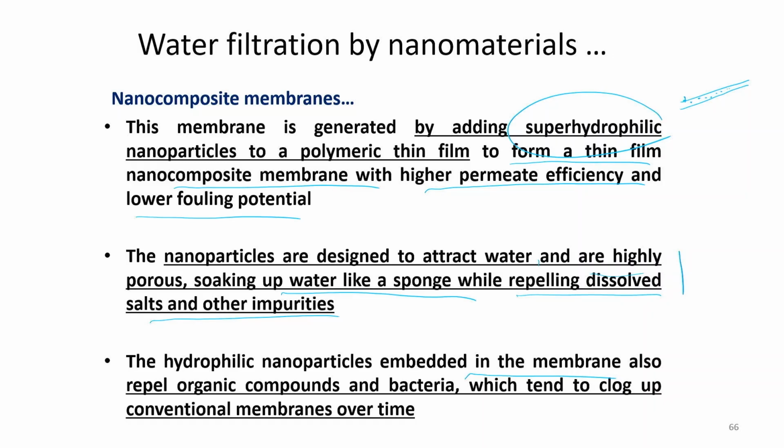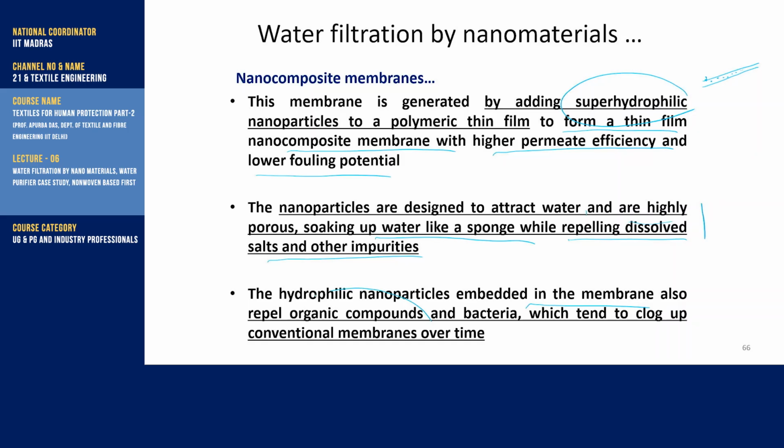So, this type of nanoparticles we can embed with the different types of thin films or membranes to enhance the characteristics. So, it repels the organic compounds and bacteria. The main advantage is that in case of membranes there are pores, okay.